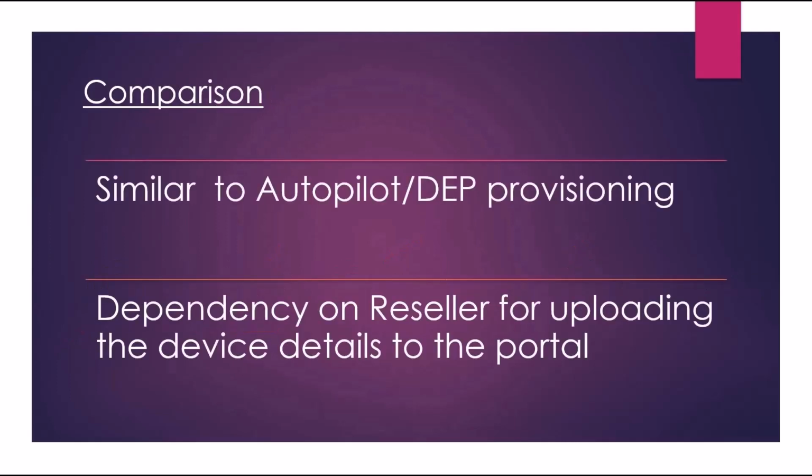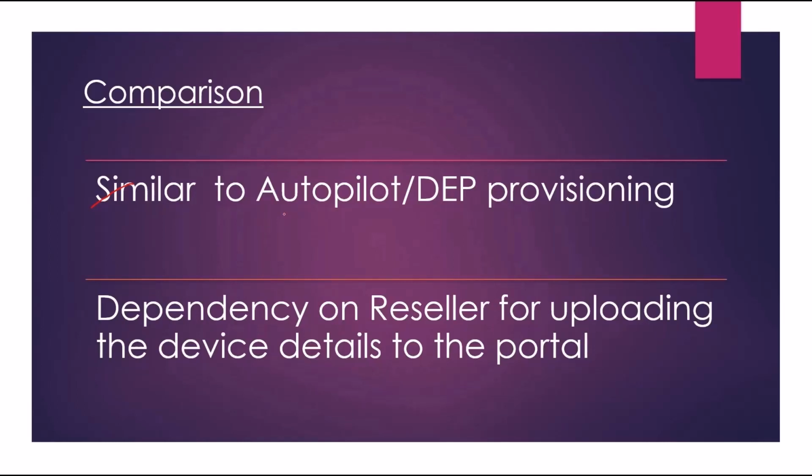Now, I wanted to draw a comparison between this Google Zero Touch Enrollment and Autopilot or DEP. Think of this as similar to Autopilot or DEP provisioning, wherein we also do an out of the box enrollment of the devices. I'm not drawing lines between whether they are zero touch or not.